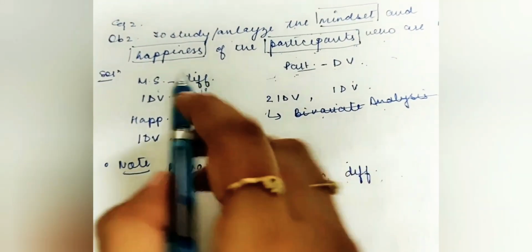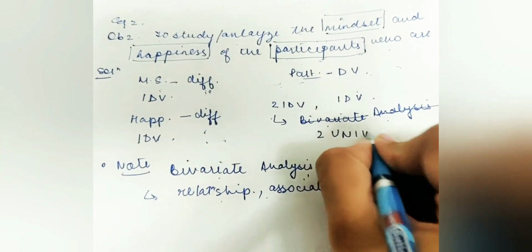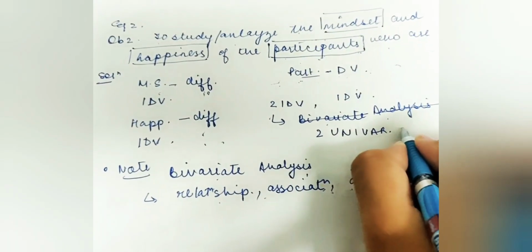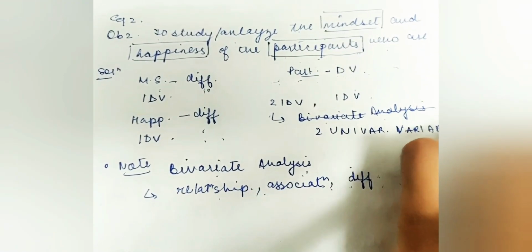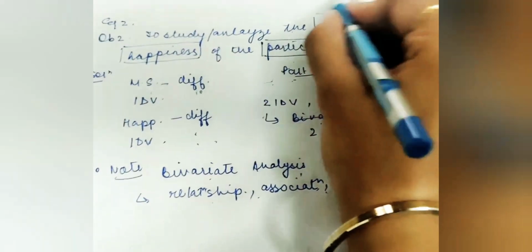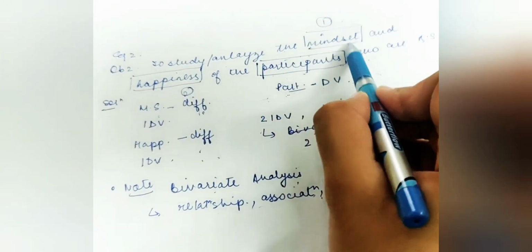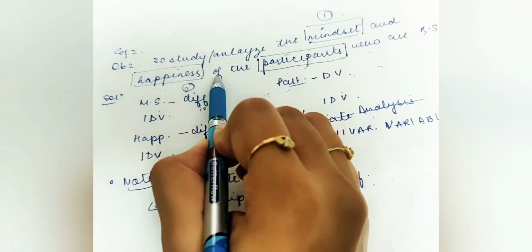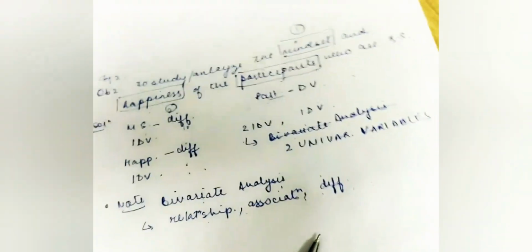So this means in this situation we have two univariate variables, because one is mindset, another is happiness. So this is one variable, this is one variable. So these are two different univariate variables.